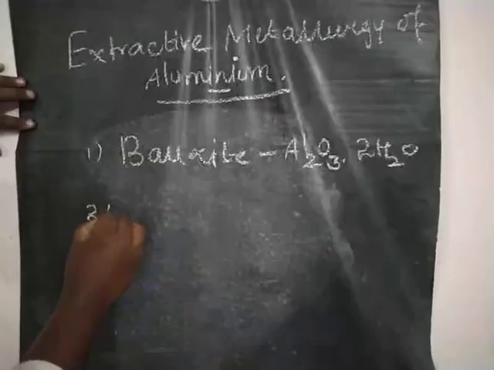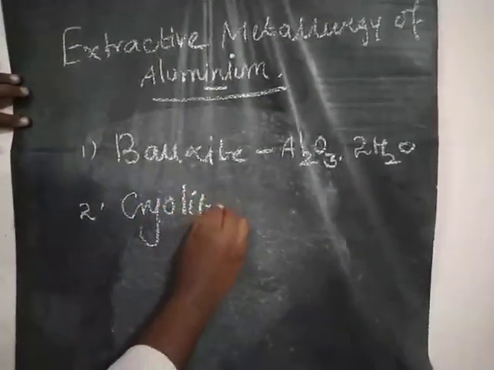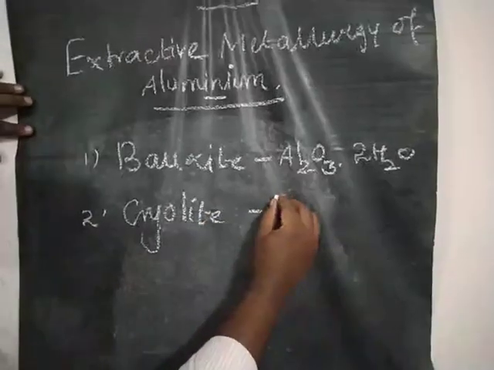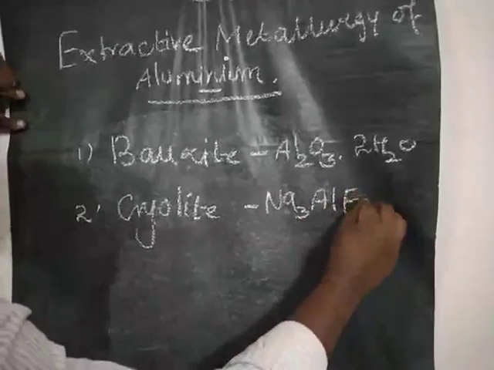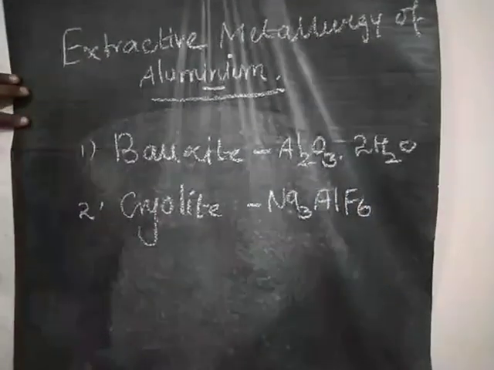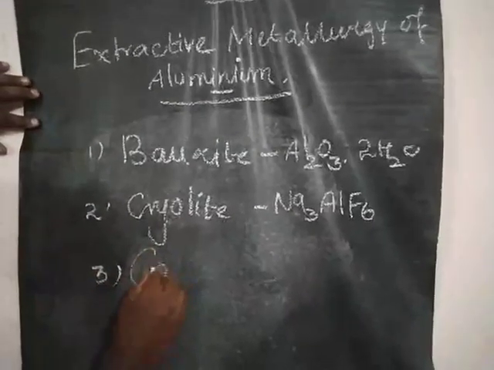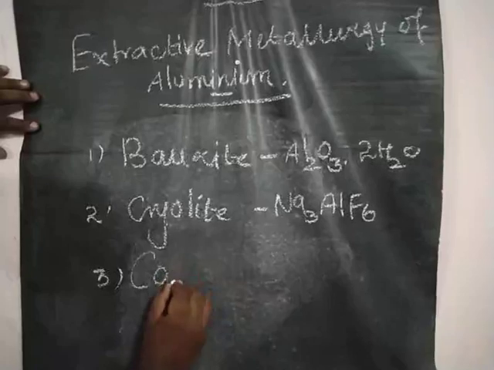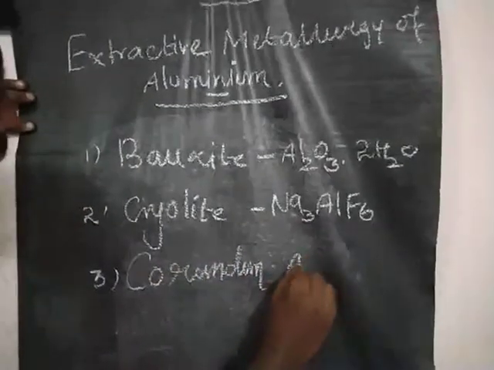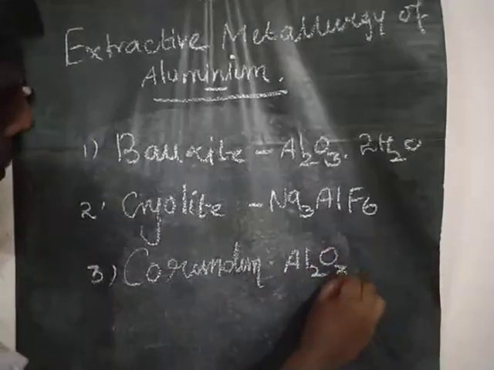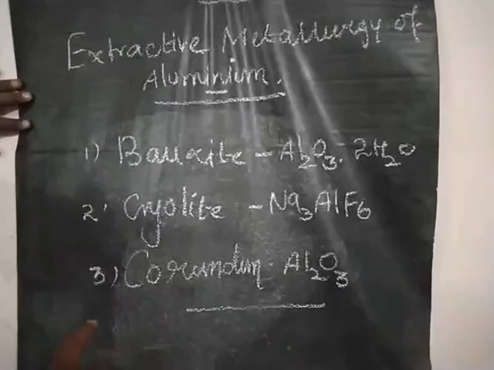Second one, cryolite, with chemical formula Na3AlF6. Third one, corundum, Al2O3. So these are all the ores of aluminium.